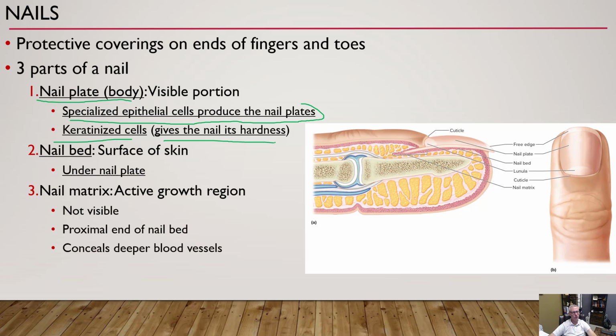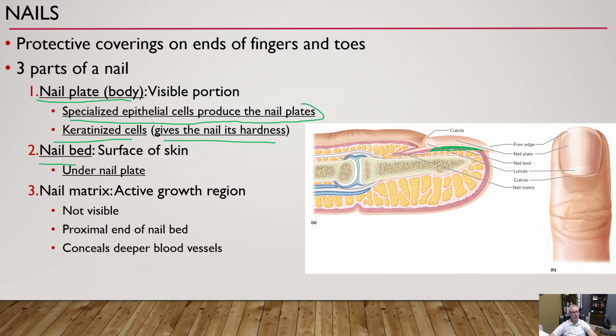That's why your nail is hard, because there's a bunch of keratin. Your nail bed is underneath the nail itself. So if you rip your fingernail off, you would actually be able to see your nail bed.